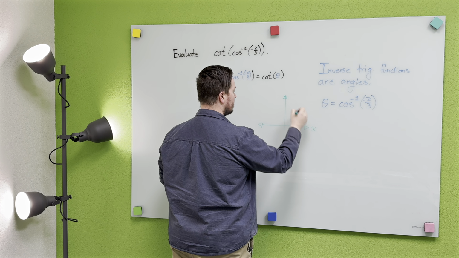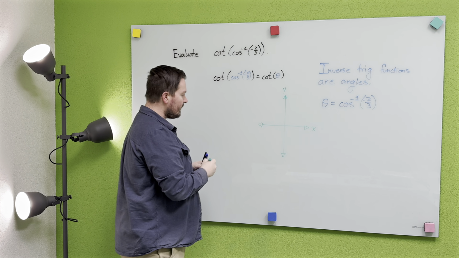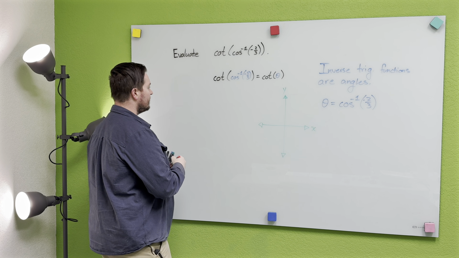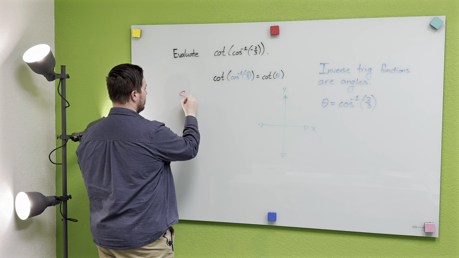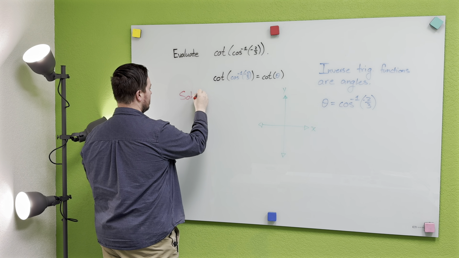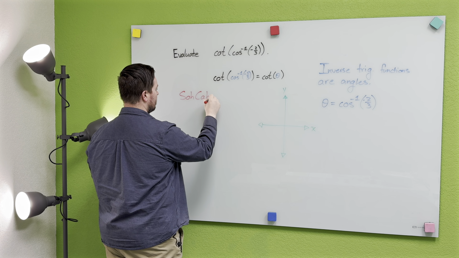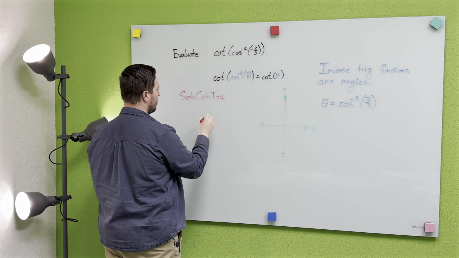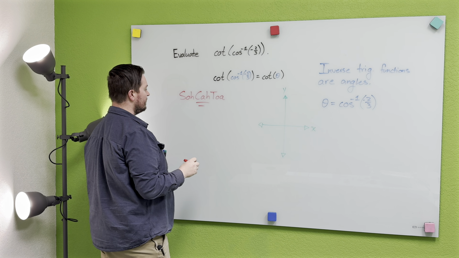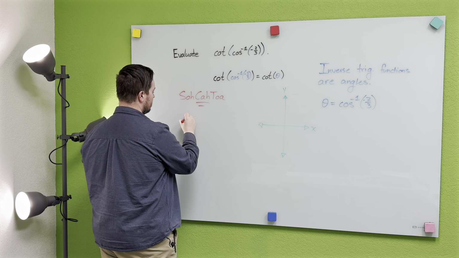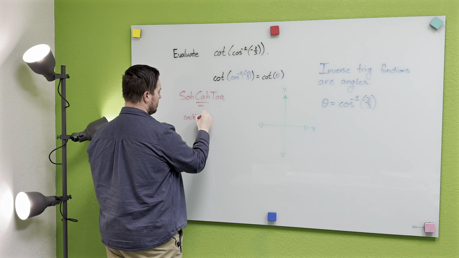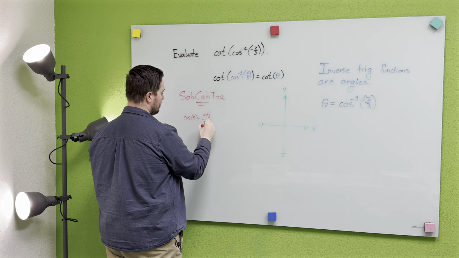We have x, we have y, and if we go back to SOHCAHTOA, this will tell us sine is opposite over hypotenuse, cosine is adjacent over hypotenuse, and tangent is opposite over adjacent. So for us, we are interested in cosine. Cosine theta is adjacent over hypotenuse.